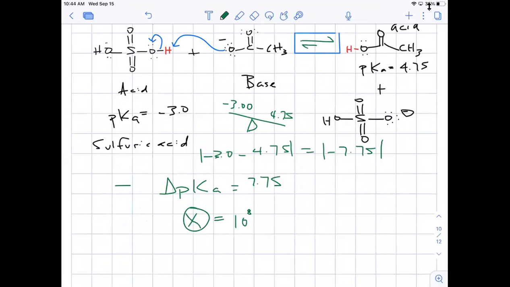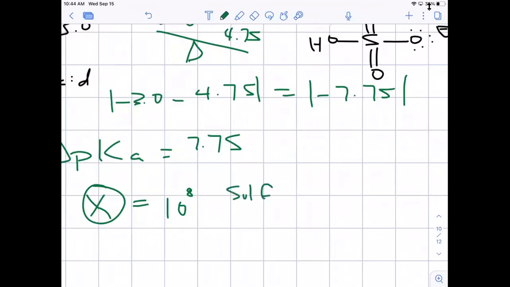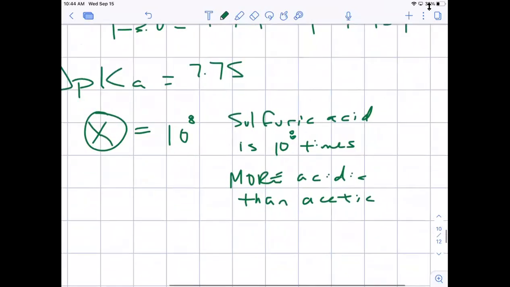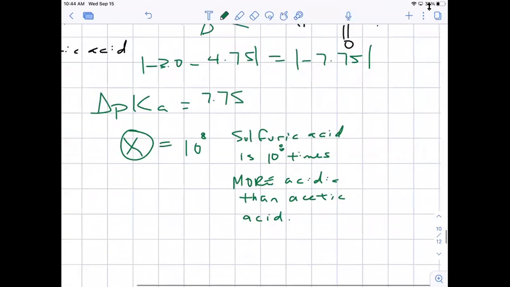Anybody? Does it make it weaker? The conjugate base? If it's a stronger acid, what does that say about its conjugate base?